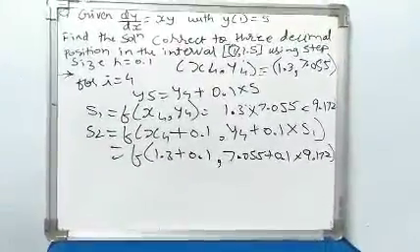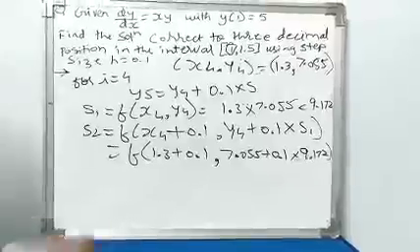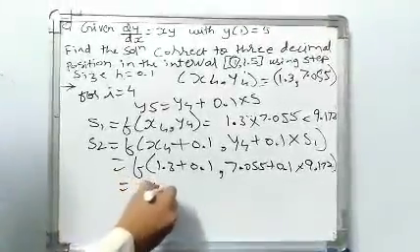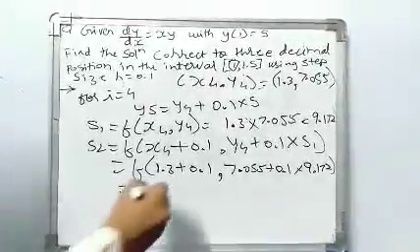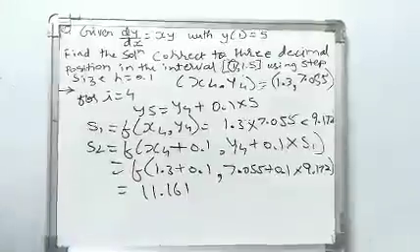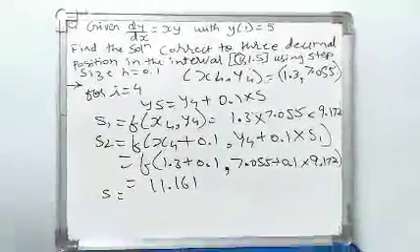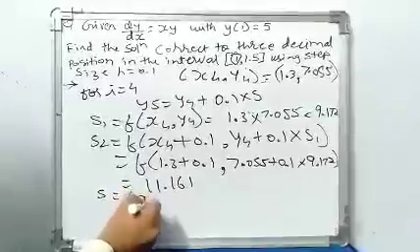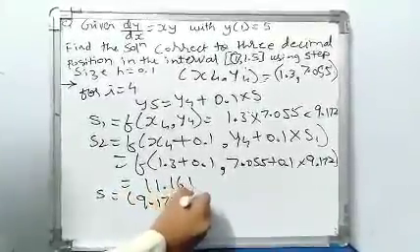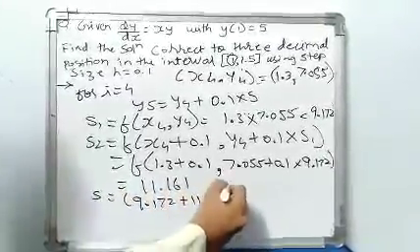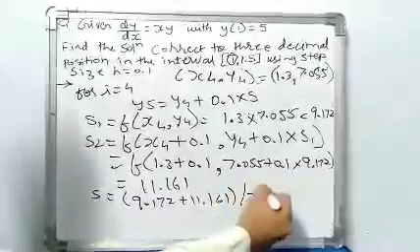After calculating, you get the value 11.161. So s is equal to s1, that is 9.172, plus 11.161 divided by 2.